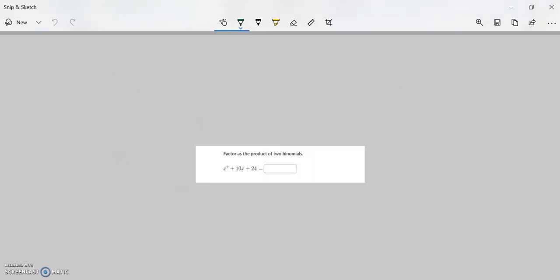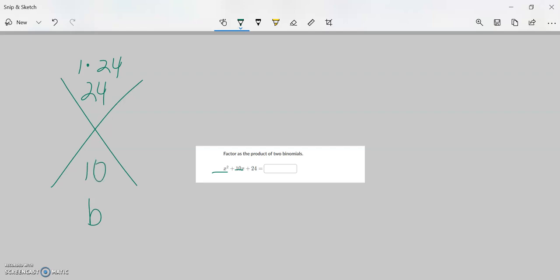So with our big X, our A value is 1. So 1 times 24 is 24, and this is our B value, which is 10. Now factor tree of 24: 1 times 24, and 24 divided by 2 is 12. 24 divided by 3 is 8. 24 divided by 4 is 6.